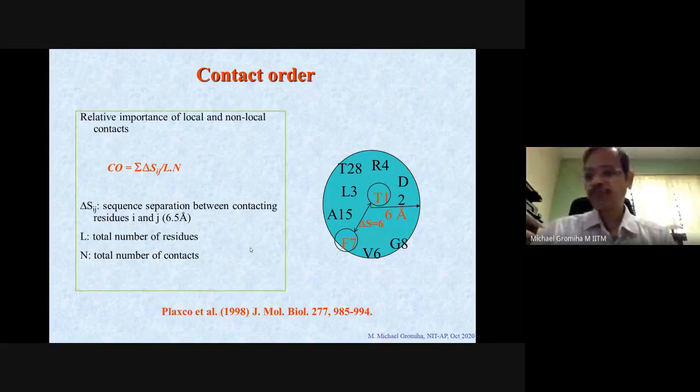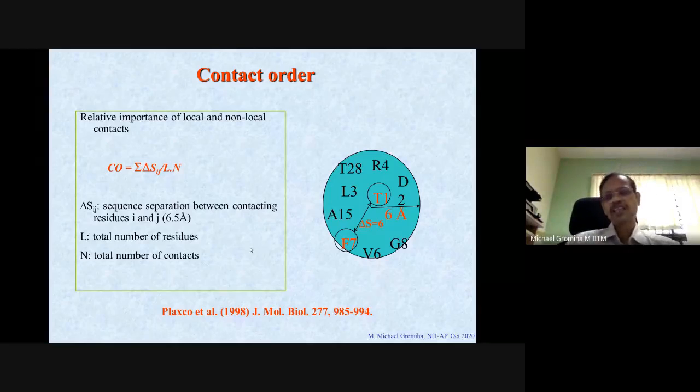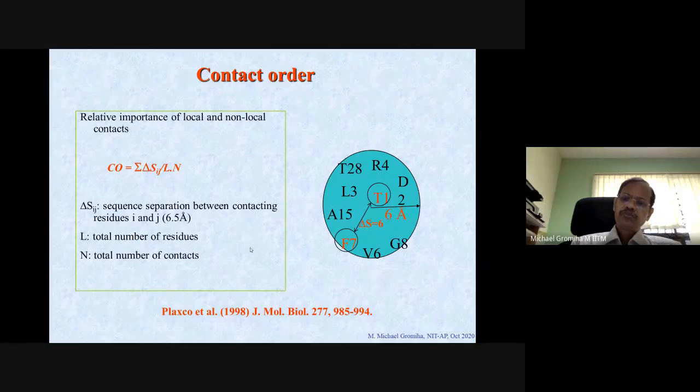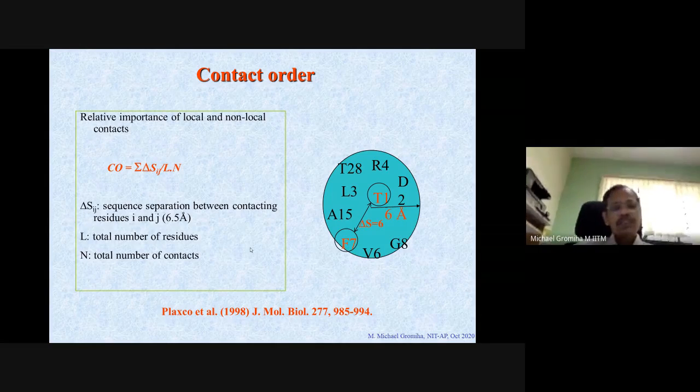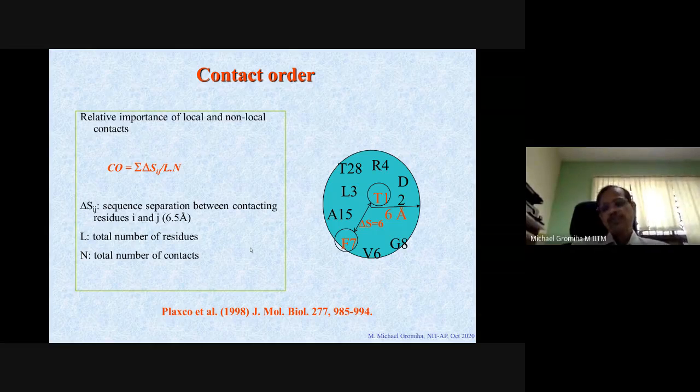So, what is the meaning of the dots near the diagonal? That means they are very close in the sequence. That is, adjacent or neighboring residues in the sequence, right? Okay. So what is the concept of solvent accessibility?